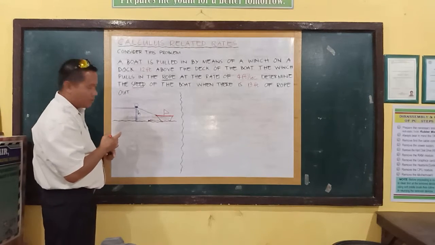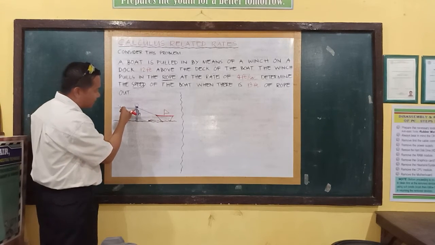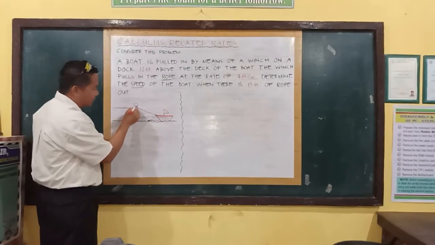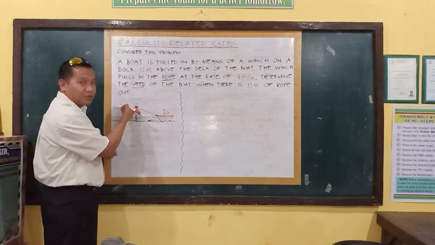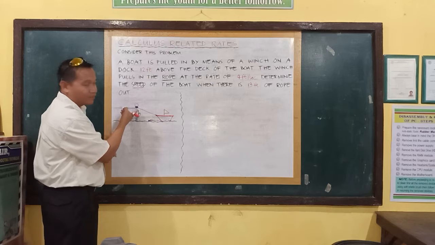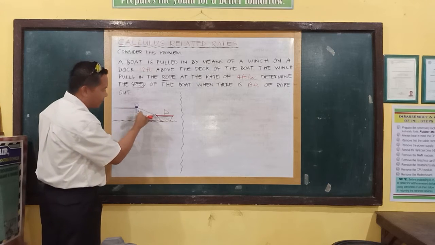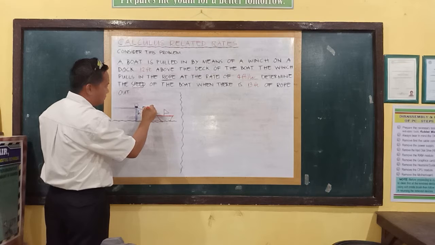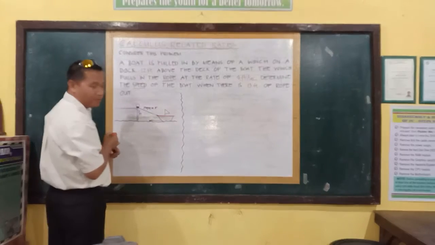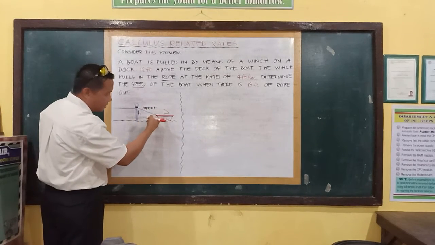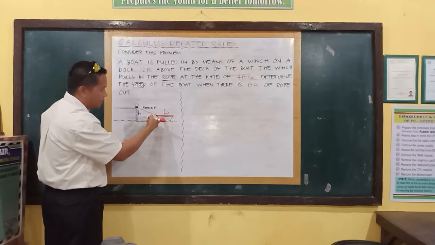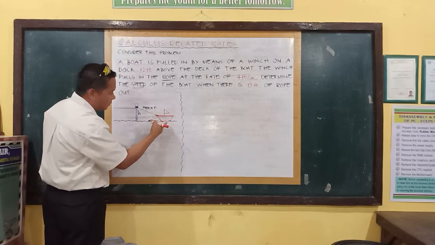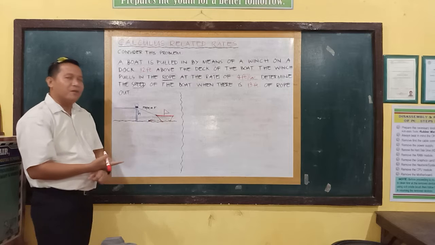And where is the winch? The winch is here above the dock, and the rope is attached to it. Here's the rope. Rope is our R, and here is the boat. The boat is above the sea level.